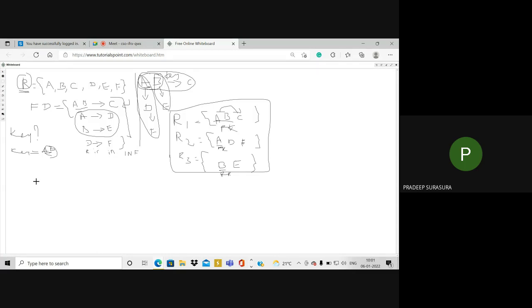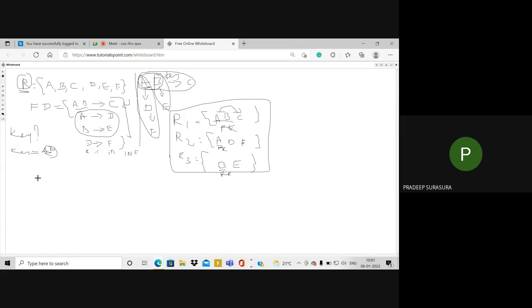You can write either the normal definition or the alternate definition. Both are the same. R is said to be in 3NF if it satisfies 2NF and no non-prime attribute is transitively dependent on the key. This is the third normal form definition.